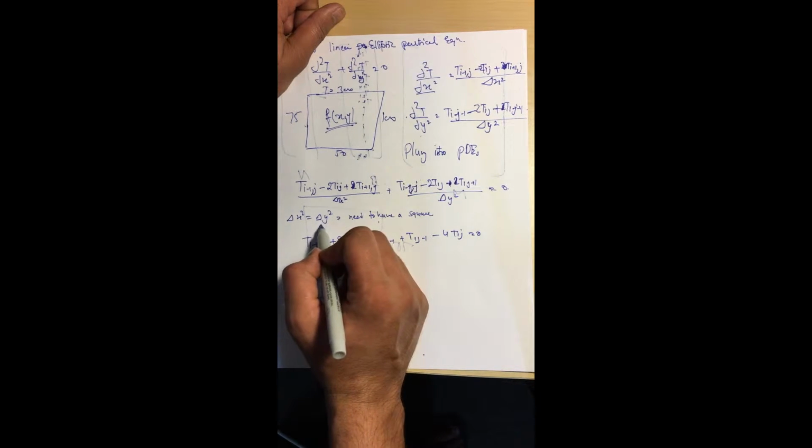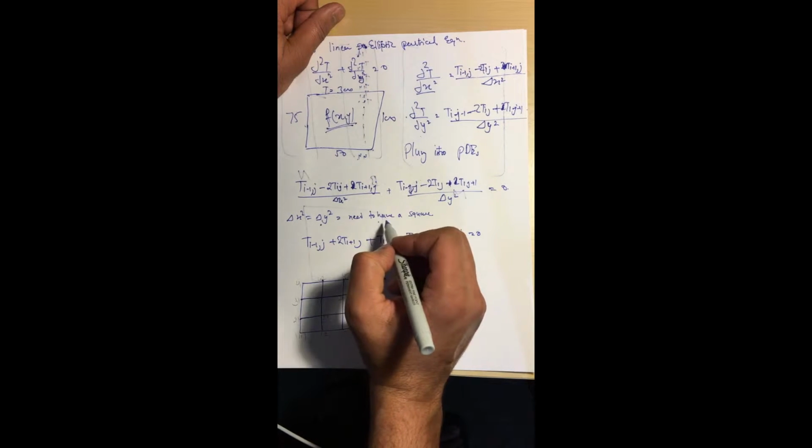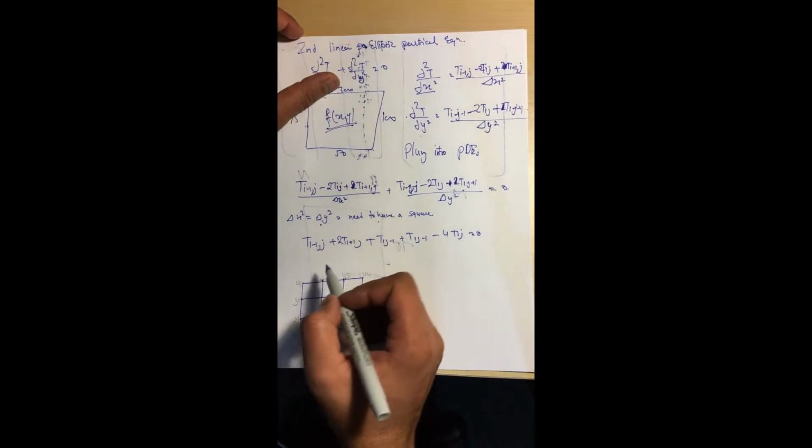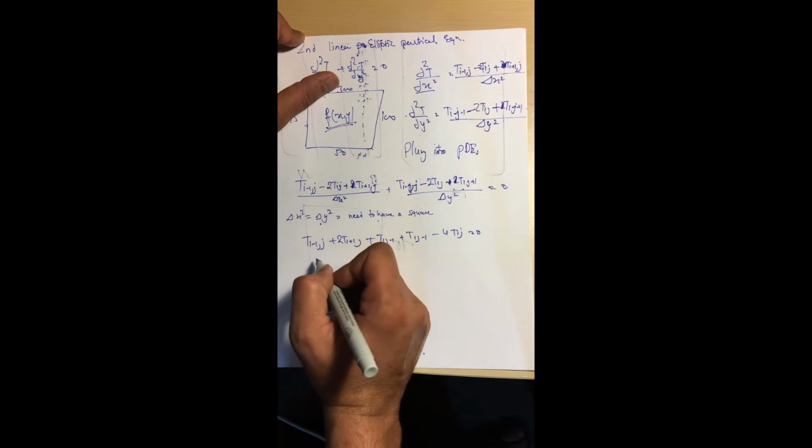Delta x and delta y are equal because our x and y directions have equal spacing. Let's make it a little simpler.